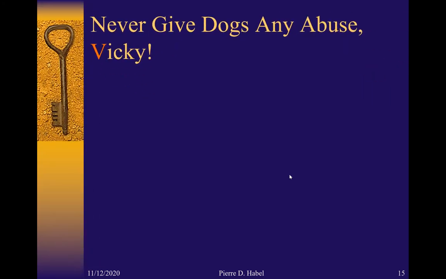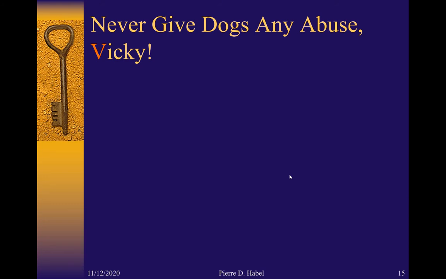All right. You guys will remember the mnemonic device, never give dogs any abuse. And those are the initials that start the names of the 5 noun cases which we have officially studied. I have said at a couple points that you might consider adding on Vicky.